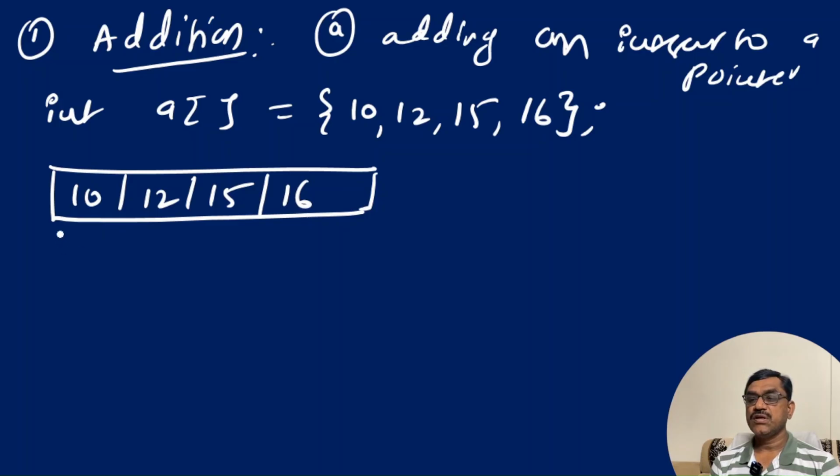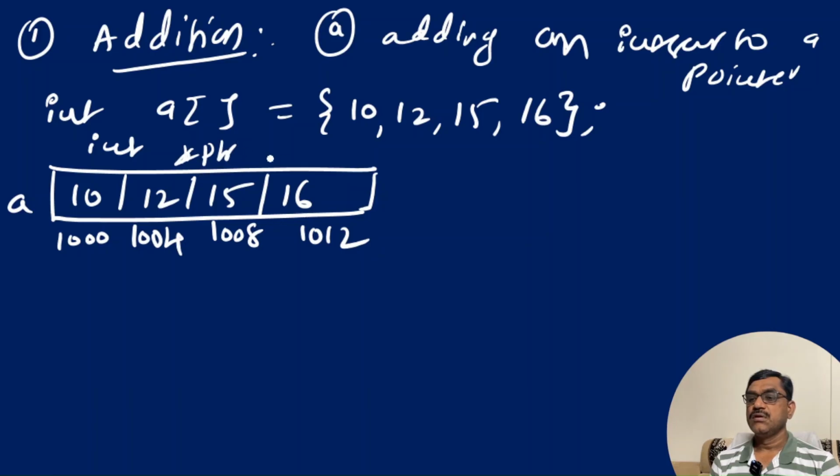Assume that the starting address is 1000, then 1004, 1008, and 1012. The array name is A, and you declare a pointer: int star ptr equals ampersand of A. You can write the star here or after int.